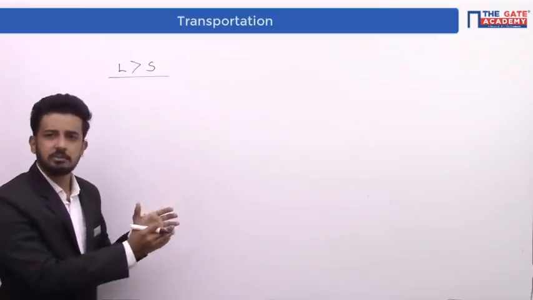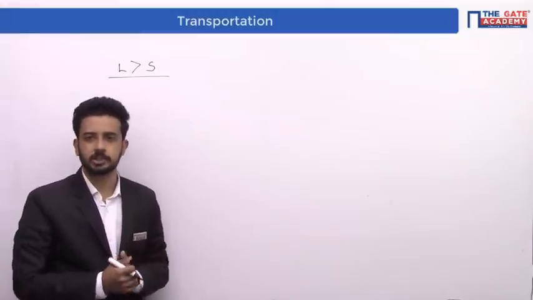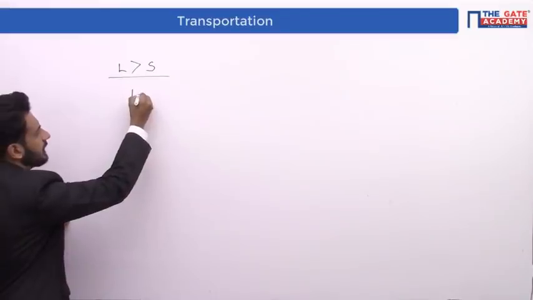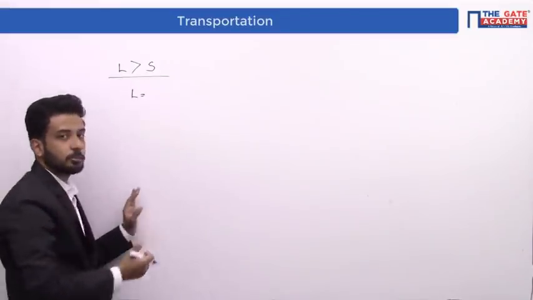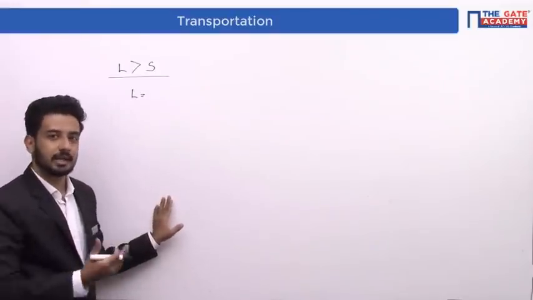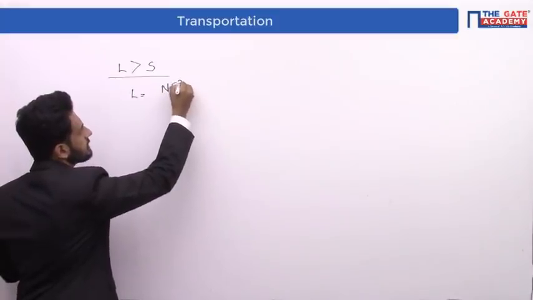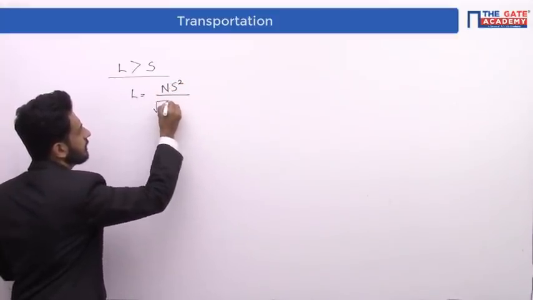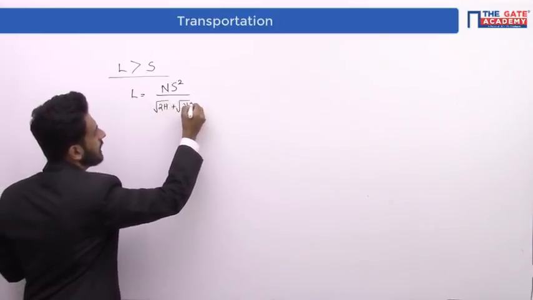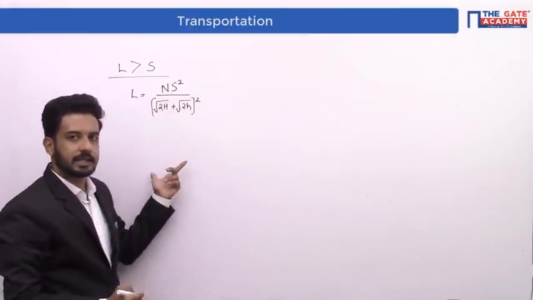Okay. So first I will give you both equations just to refresh your memory. So if length of curve is greater than safe stopping sight distance, what is the equation for L? L means what? The length of summit curve. It is N S square divided by root 2h plus root 2 small h, whole square. Correct? I will explain each term.